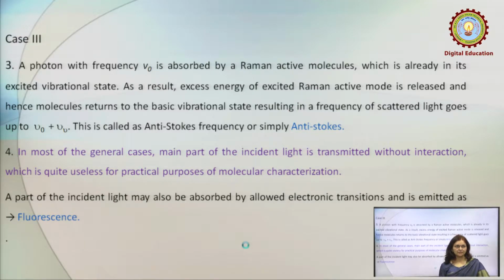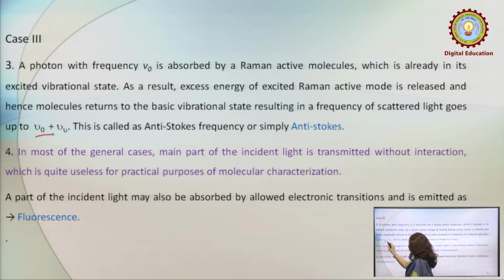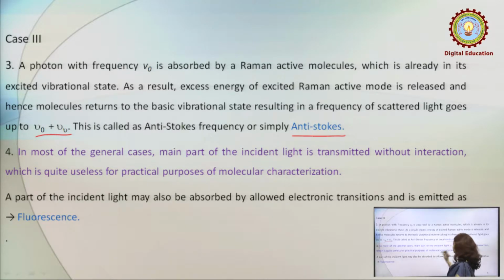As a result, excess energy of the excited Raman active mode is released, and hence the molecule returns back to the basic vibrational state, resulting in a frequency of scattered light that goes up to nu naught plus nu v, initial frequency and after scattering. This is called anti-Stokes.